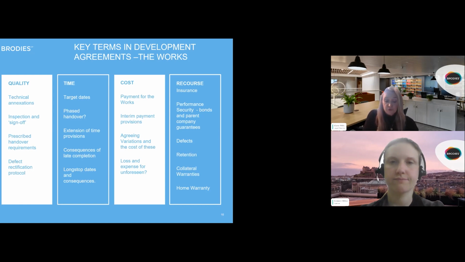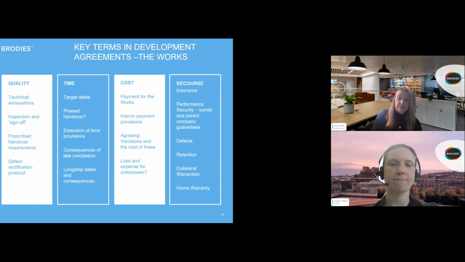Even lump sum or so-called fixed price contracts for works will often provide some financial relief for unforeseen risks or loss and expense associated with unforeseeable delays to the works. So again, the RSL should be clear in what circumstances the price can fluctuate, set out in the development agreement, and ensure it has adequate contingency to cover them.